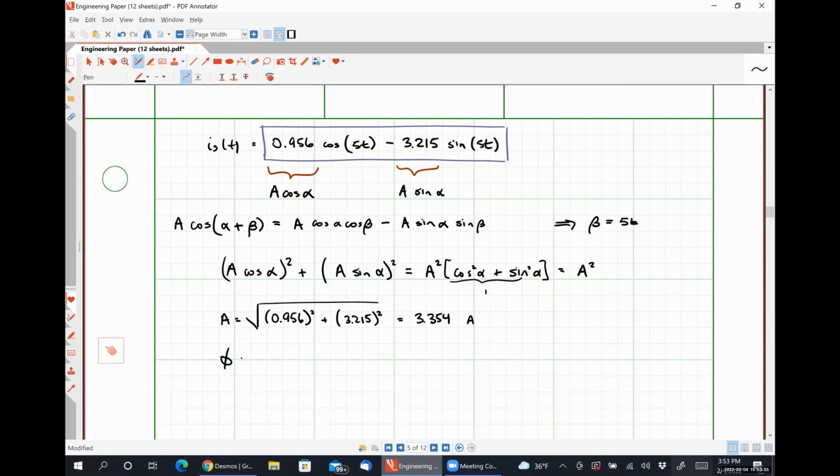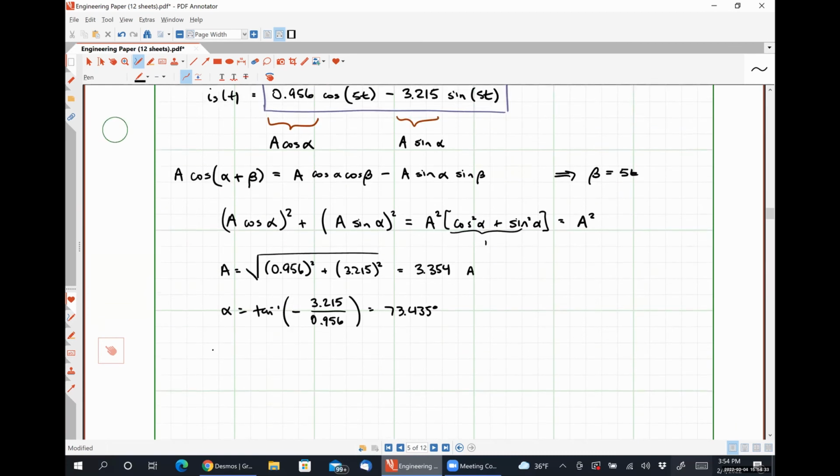Our phase angle, sorry, this should be theta I in this case. Well, actually, sorry, because we're calling it alpha, I should be consistent here. It is going to be the inverse tangent of negative 3.215 over 0.956, which is positive 73.435 degrees.